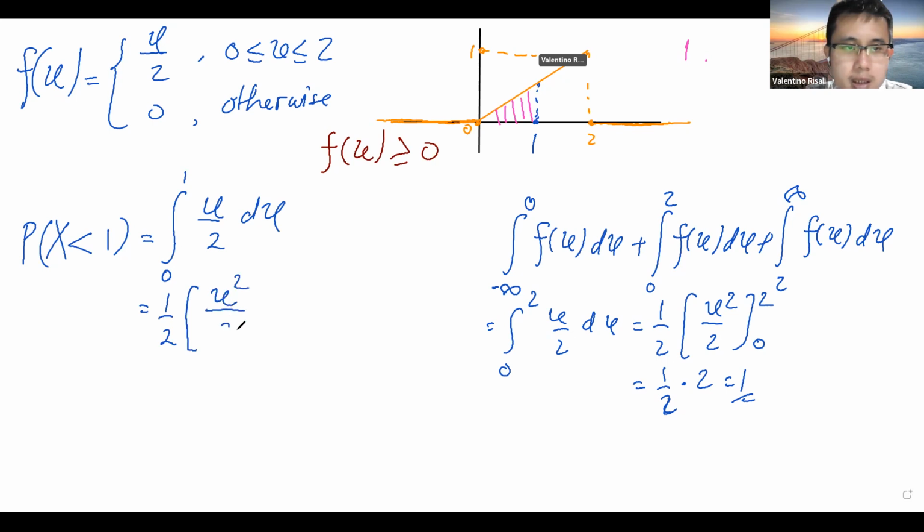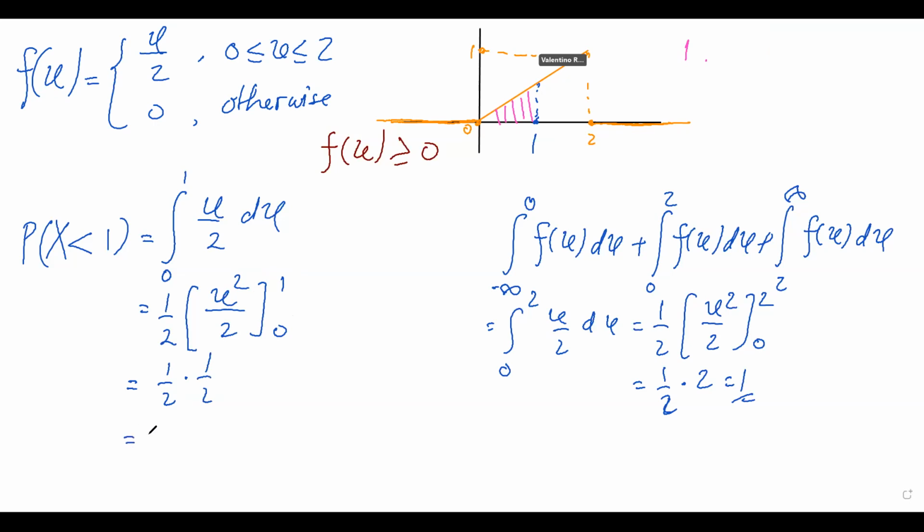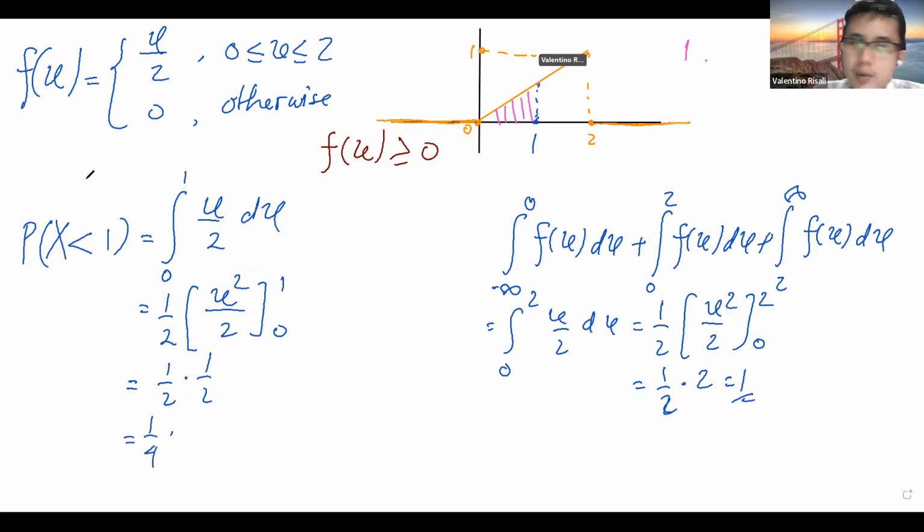The integral is x squared divided by 2. Put the bound 1 and 0, and then it is equal to a half times, substitute 1, we get a half, substitute 0, we get 0, so it is a quarter. And yeah, the probability of x less than 1 is equal to a quarter.